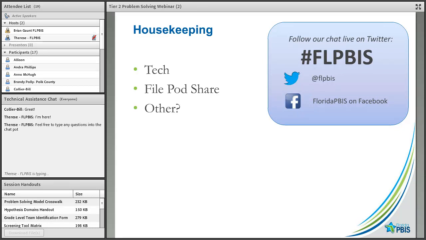And so we'll get into that a little bit later. But for now, again, using that hand raising feature, could I just get a sense of who among you has had previous training either by the PBIS project or perhaps our colleagues in the RTI project on this process of problem solving? So anybody with previous knowledge or experience with this process? Great.